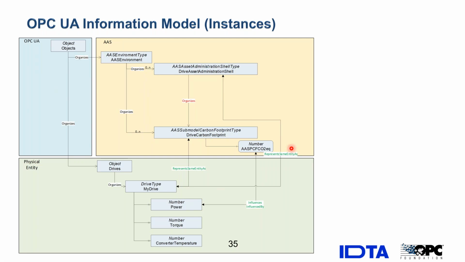You have to do a calculation in between, but the CO2 equivalent is directly influenced by the power of the drive, the current consumption, and that we reflect with a new reference type that is influences or influenced by.